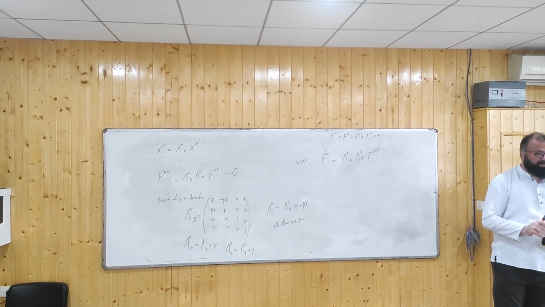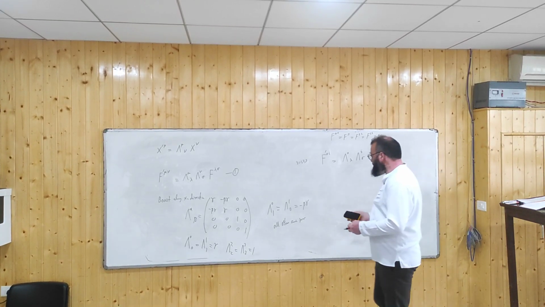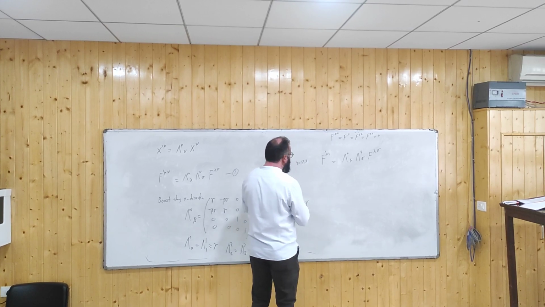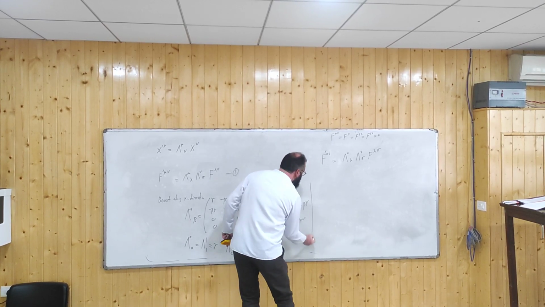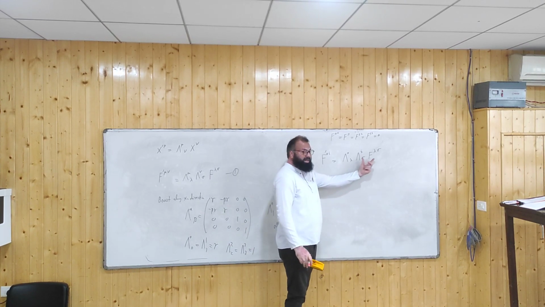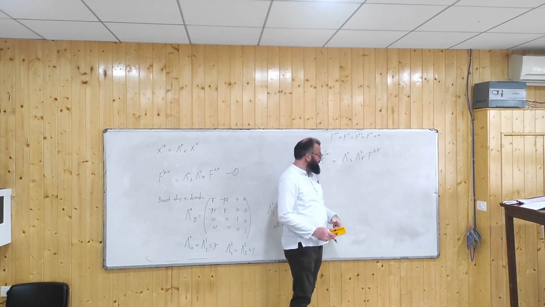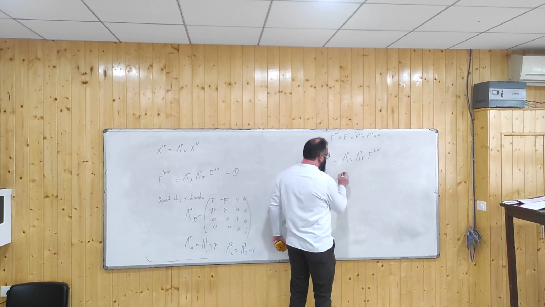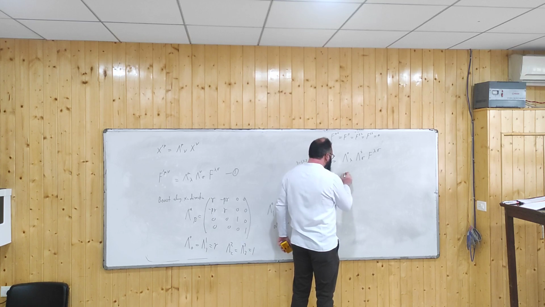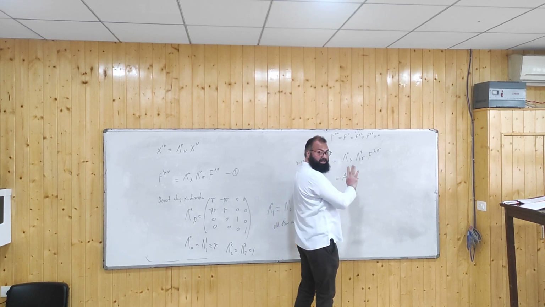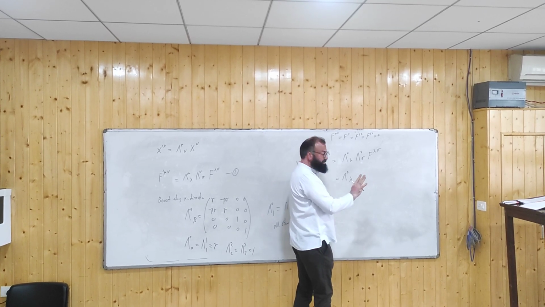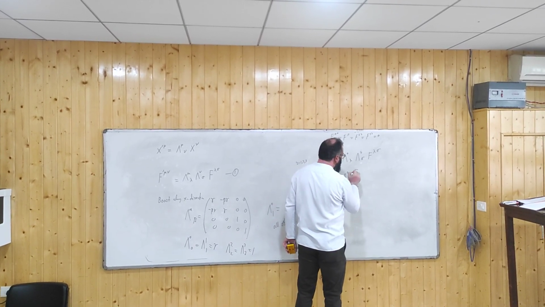Shall I repeat? Okay. So now let's evaluate this very sum. So there is a sum over lambda and sigma. These are contracted indices. Let me do it step by step. Let's evaluate only the sum over sigma first.